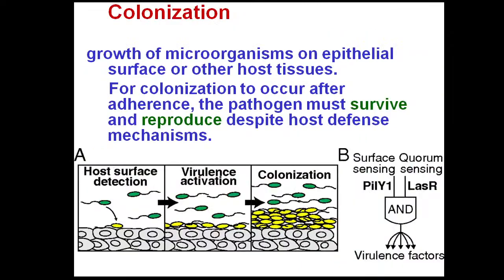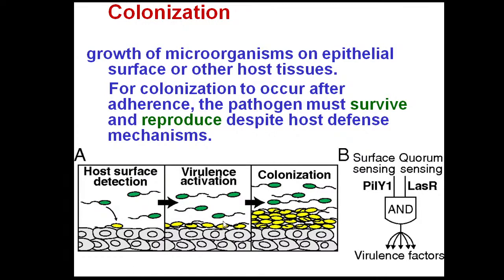Then colonization factors. Colonization is the growing of the microorganisms on epithelial surface or other host tissues. For colonization to occur after adherence, the pathogen must survive and reproduce itself despite the host defense mechanisms, right? And you can see here how colonization may occur. See, first the host surface is detected, right?